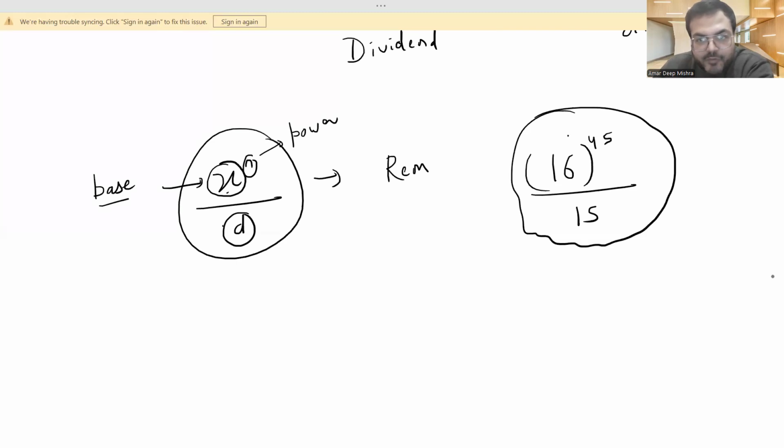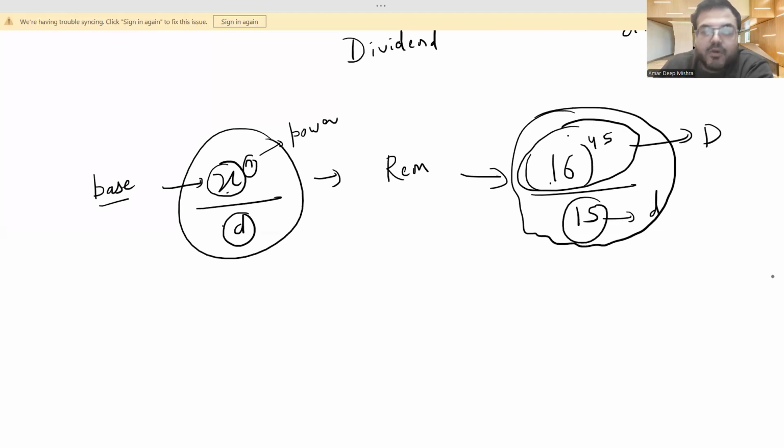Because if you look at the expression 16 to the power 45, this entire value is your dividend, capital D, and this value is the small d, the divisor, right? Now how to think about this question? You need to change the value of this base value, this x value, in such a way that you get either +1 or -1 as the remainder.